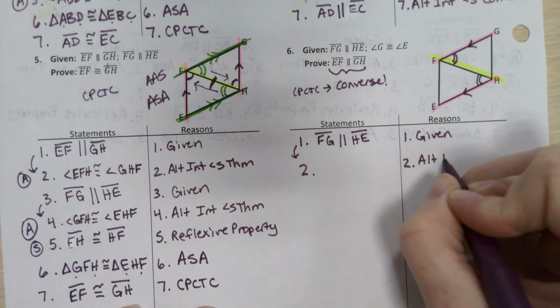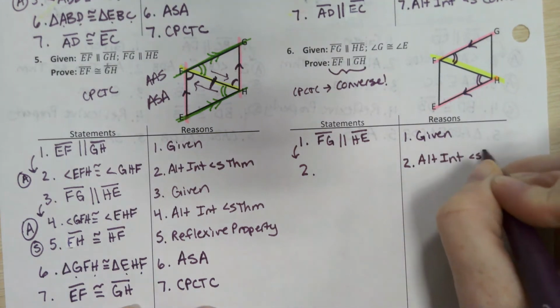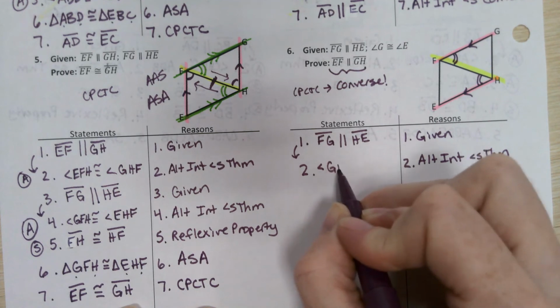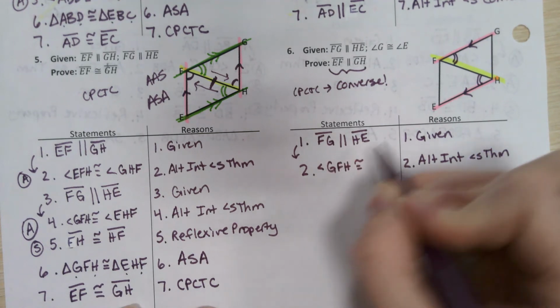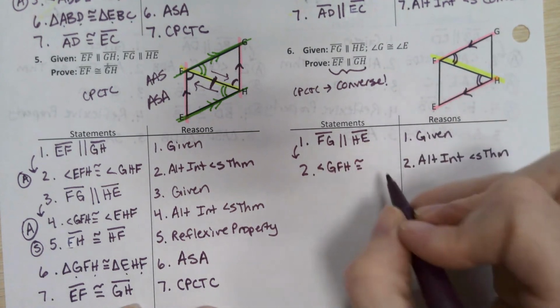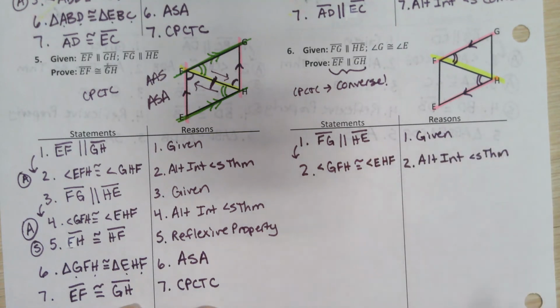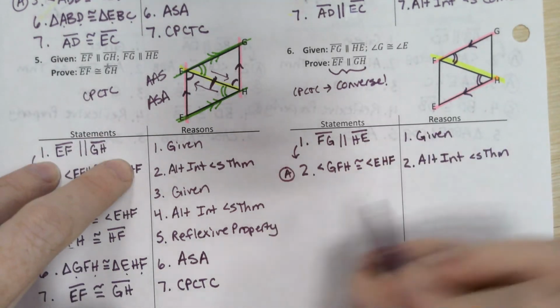They are still alternate interior angles, so that theorem will explain why angle GFH from the top triangle is congruent to angle HEF from the bottom. That gives me a pair of angles.